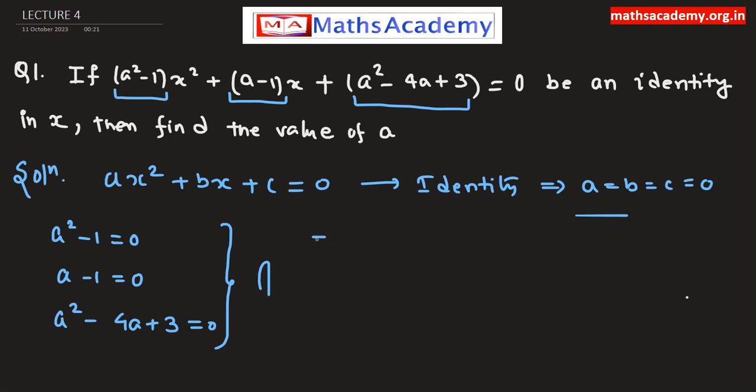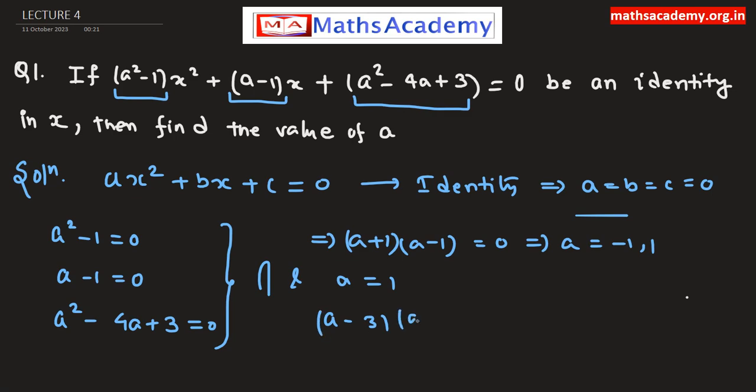The first equation gives a plus 1 into a minus 1 equals 0, which means a is equal to minus 1 and plus 1. The second equation gives a is equal to 1. For the third one, if you do the factorization, it will be a minus 3 into a minus 1 equals 0.